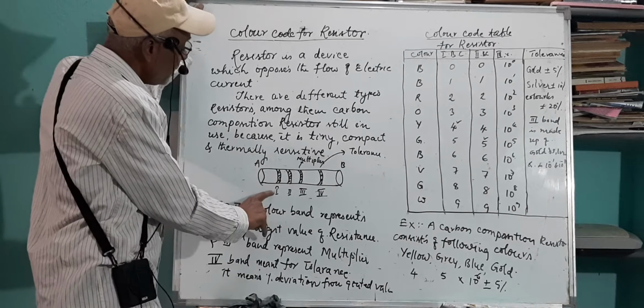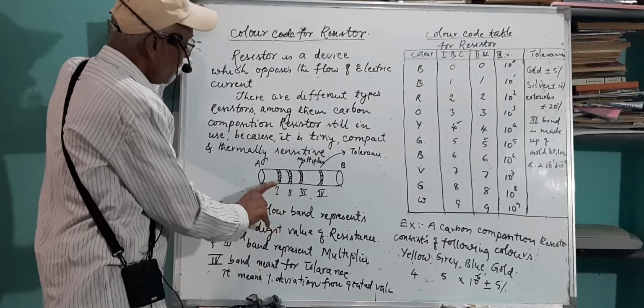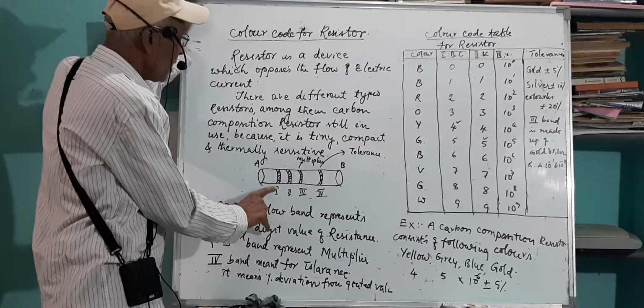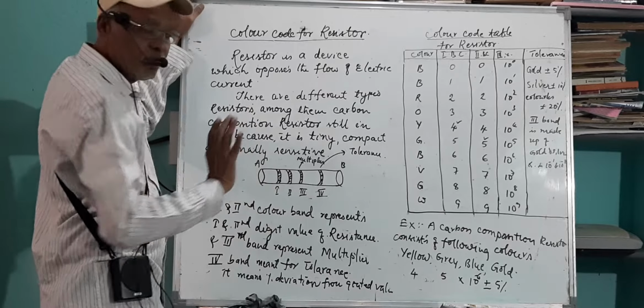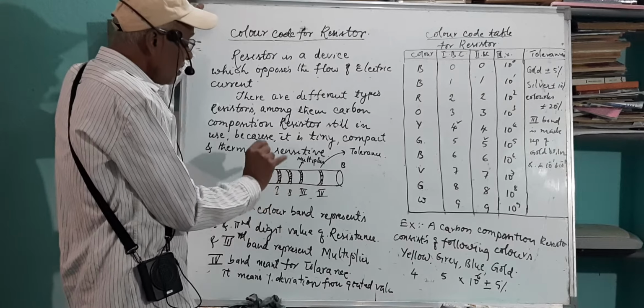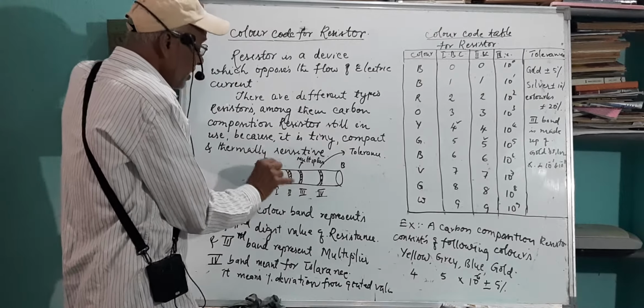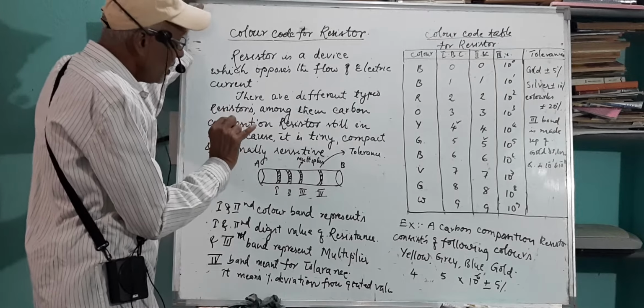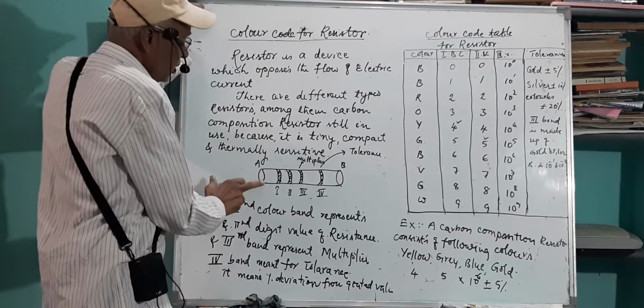See, the first and second color bands give the first and second digit values of the resistance. In order to find the resistance value with reference to these colors, you can find the resistance value of this resistor.